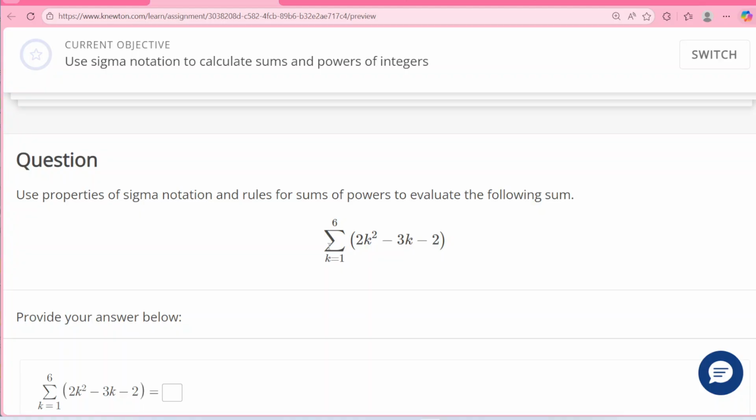You have the sum of values of this expression, where the first input is k equals 1, and then the last input is k equals 6, and you have all the values of this expression for inputs between 1 and 6 increasing by 1 each time. So I'll write this out and explain more.